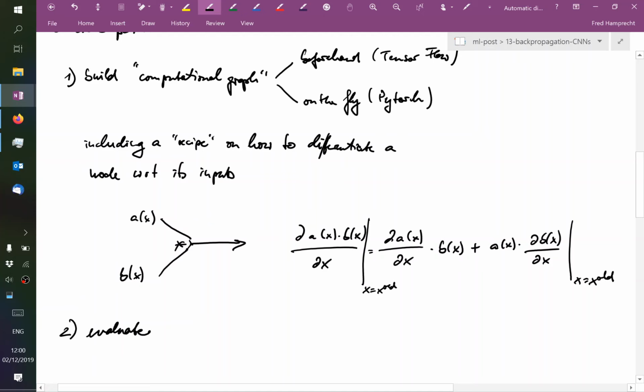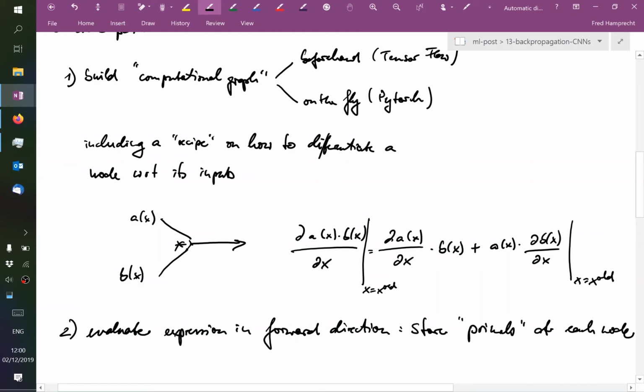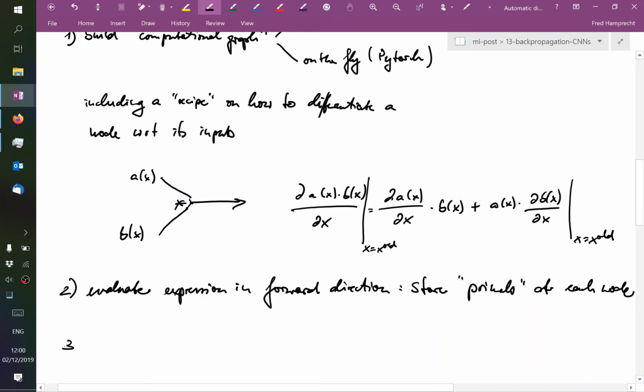So first, the computational graph is being built. Then the expression is being evaluated in the forward direction. And the intermediate results need to be stored. And then finally, the gradients can be accumulated in the backward direction.